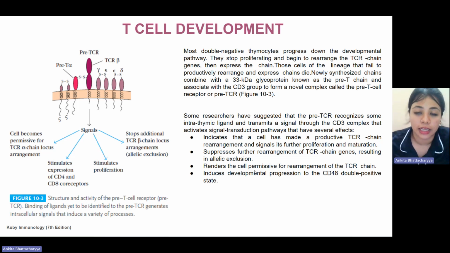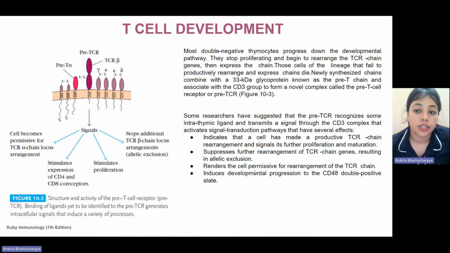Those cells that fail to productively rearrange and express these new chains will die. Newly rearranged beta chains will be able to combine with a 33 kilodalton glycoprotein known as the pre-T alpha chain and associate with the CD3 group to form a novel complex called the pre-TCR.